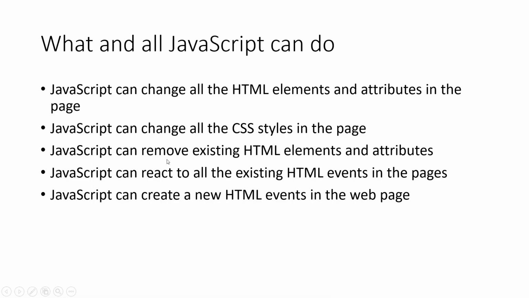JavaScript can remove existing HTML elements and attributes. JavaScript has the power to do that also. Next, JavaScript can react to all the existing HTML events in the page. JavaScript can create any animation, or if you click on the button, if you want to show any validation, those things JavaScript can do. JavaScript can create new HTML events in the same web page. So all these JavaScript can do.